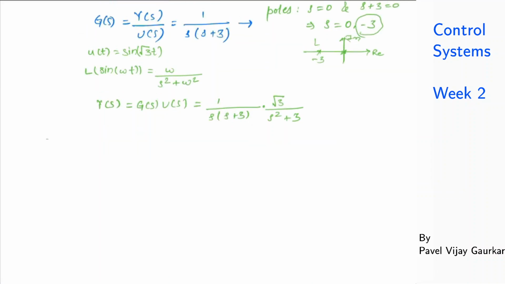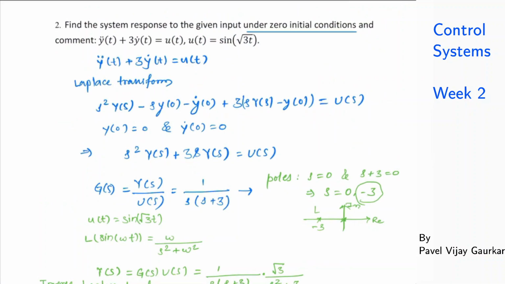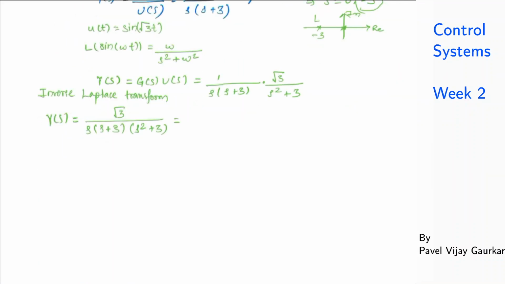So let us write Y of s again as root 3 over s, s plus 3 and s square plus 3. Right. So now we want to take the inverse Laplace transform so that we can get the expression for the response of the system in the time domain.